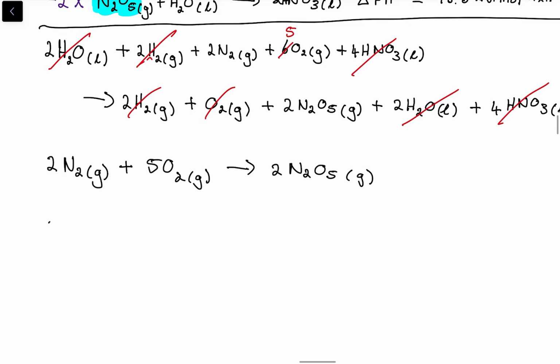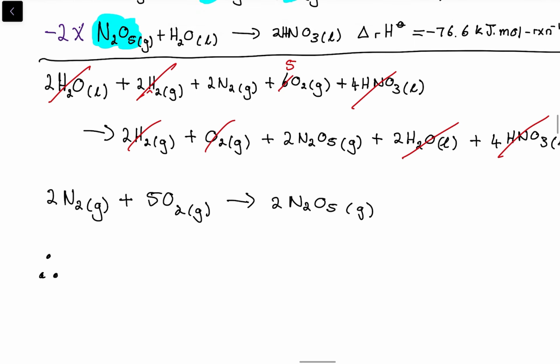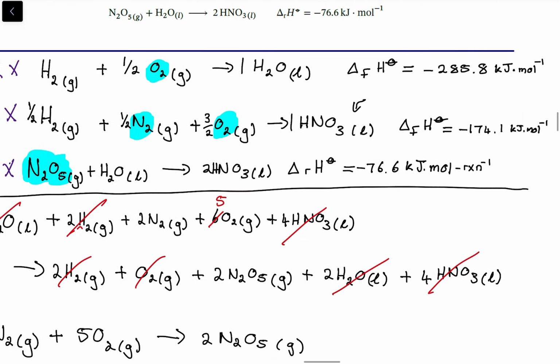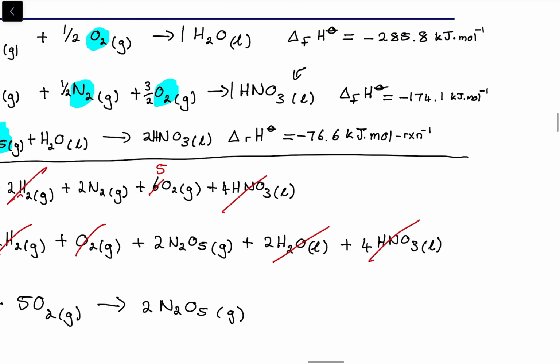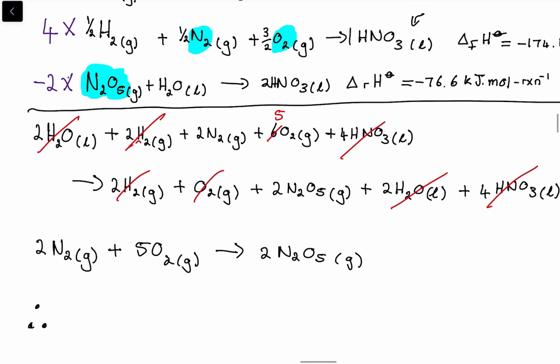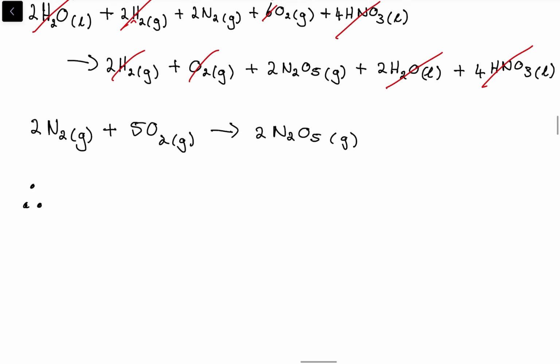Right, so now we just need to remind ourselves what we did with what. So it's -2 the formation enthalpy of water, times 4 the enthalpy of nitric acid, -2 the reaction enthalpy of that reaction.